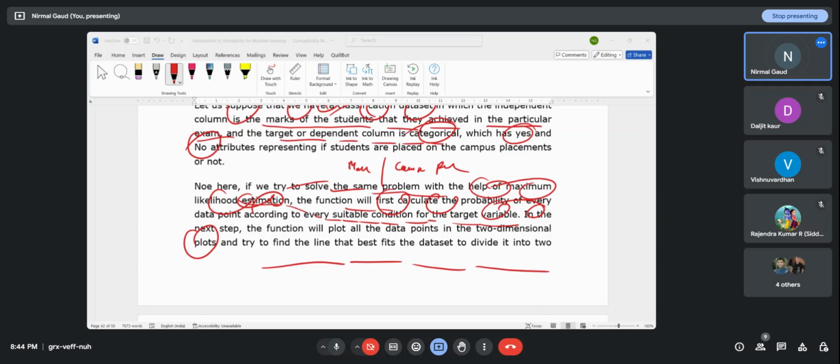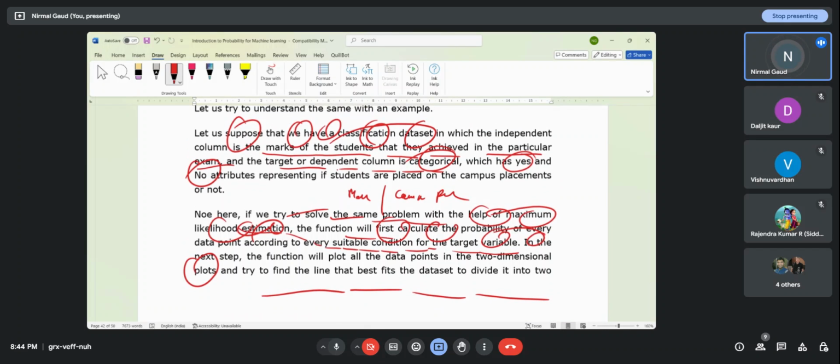Okay, so like this. This is class A. This is class B. Right now we have a classification problem only. So yes and no. So what it is saying is, if we try to solve the problem with the help of MLE, we have to write a function that will calculate the probability of every data point.